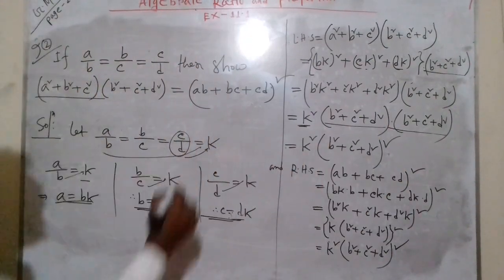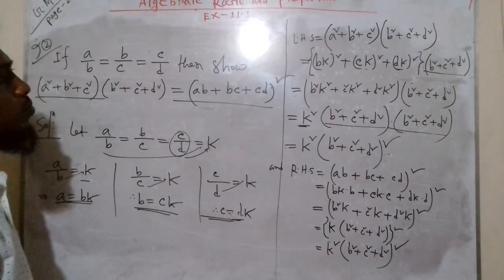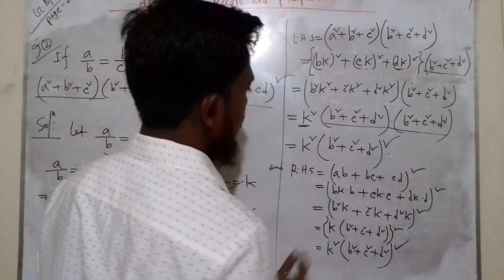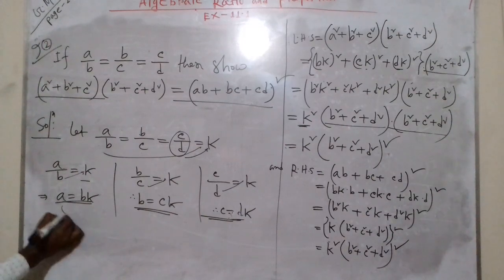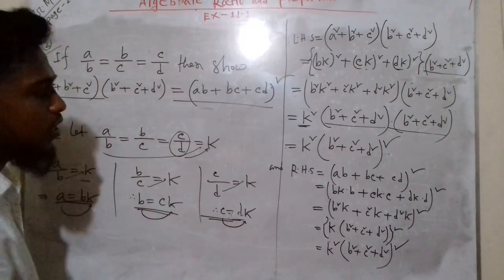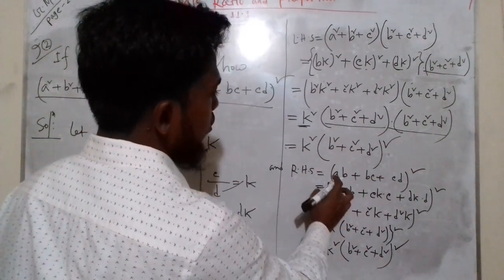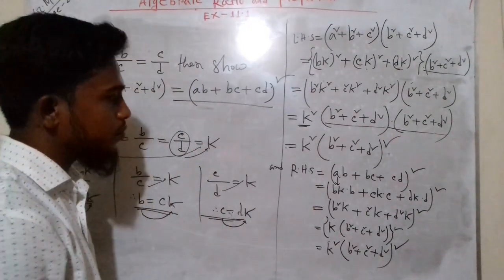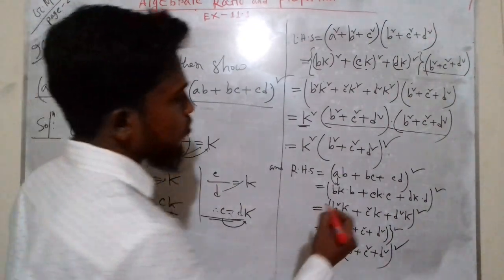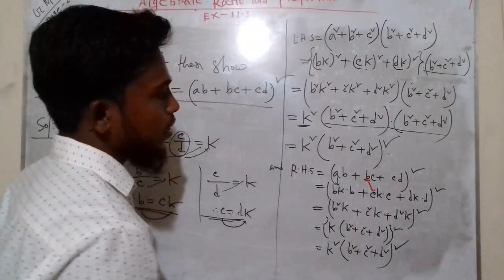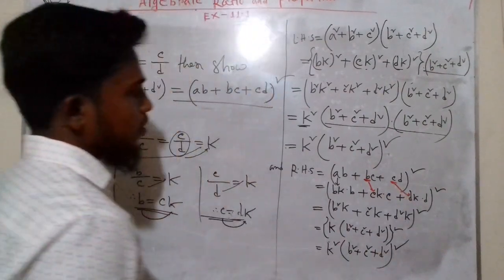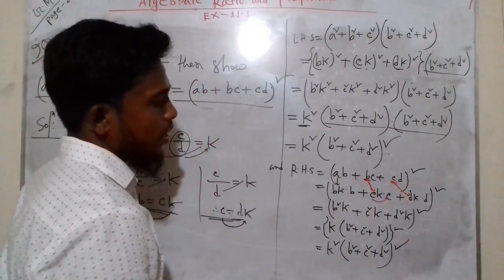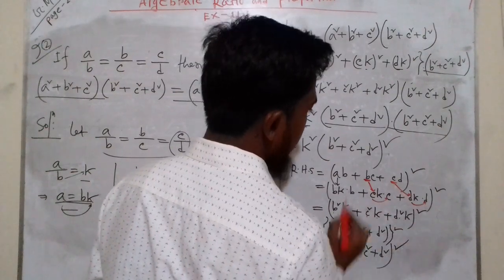Again, the right hand side of this equation is (ab + bc + cd)^2. Now putting the value of a = bk, b = ck and c = dk in each term, we can write b into b^2 into k, c into c^2 into k, and d into d into k, whole square.